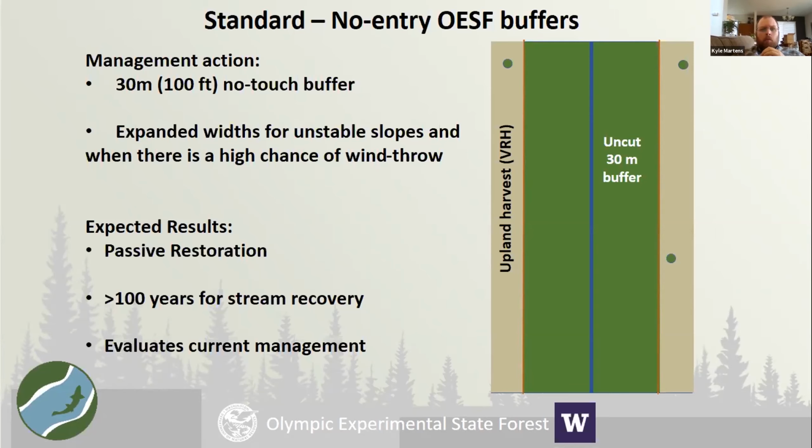We do expand the widths of our current buffer for unstable slopes and when there's a high chance of wind throw. This is an example of passive restoration. With this, our expected results for recovery wouldn't happen for another 100 years with our riparian forests in the conditions that they currently are. And this is going to not only evaluate our current management, but also act as a control against the alternative strategies that we proposed earlier.